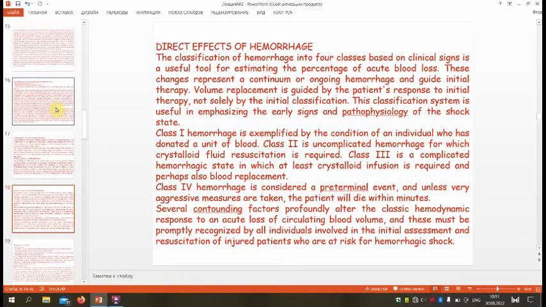Direct effects of hemorrhage. The classification of hemorrhage into 4 classes based on clinical signs is a useful tool for estimating the percentage of acute blood loss. These changes represent a continuum of ongoing hemorrhage and guide initial therapy.